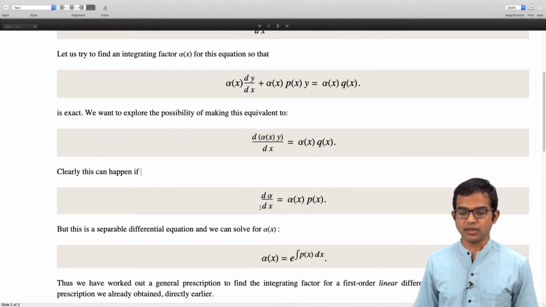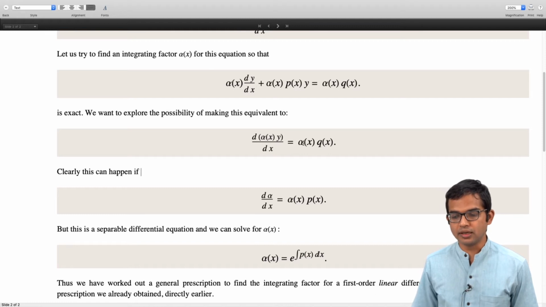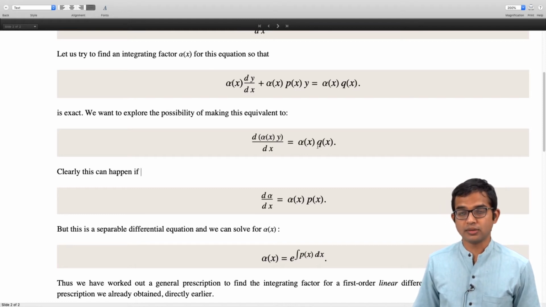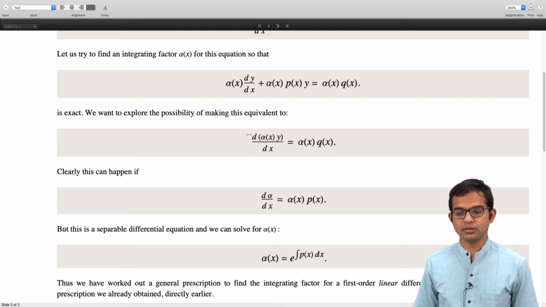So once we have the integrating factor, we can go ahead and write it, alpha of x times y is equal to integral of alpha times q dx, and then we can write down what y itself is, right?